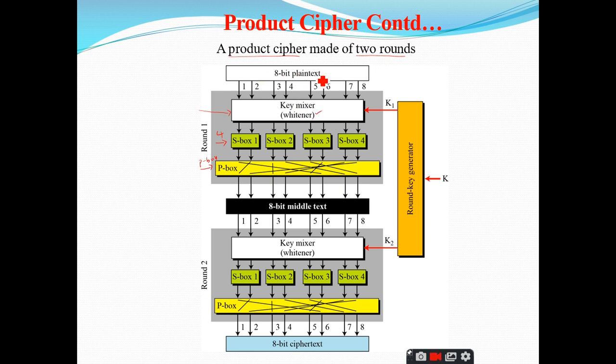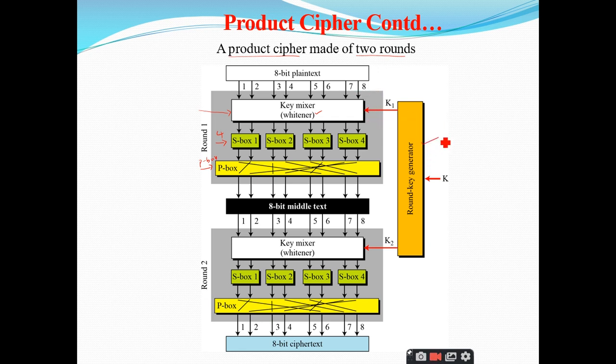So how many bits of plain text are you able to see here? What is the length of the plain text? Eight bits of plain text.